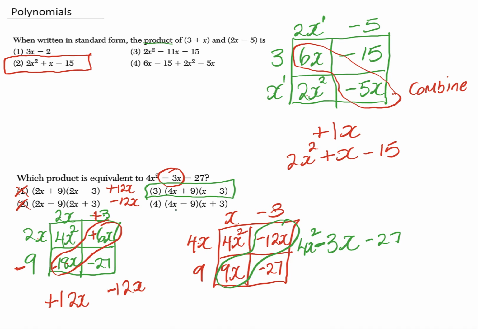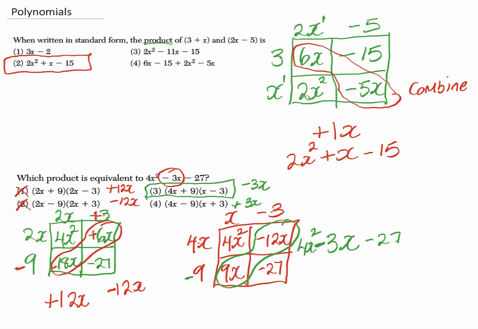Now notice with number 4, we have the same numbers, 4x, 9, x, and 3. But notice again, the signs are swapped, which means that if our middle term here is negative 3x, our middle term here would have been a positive 3x. And let's prove it.